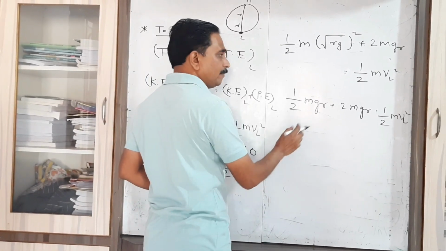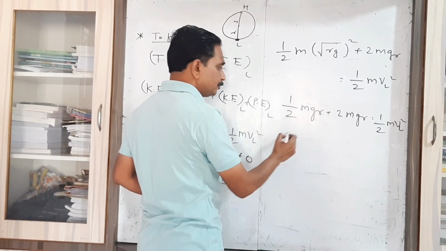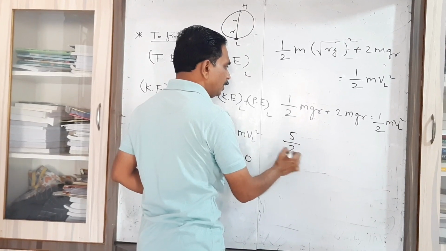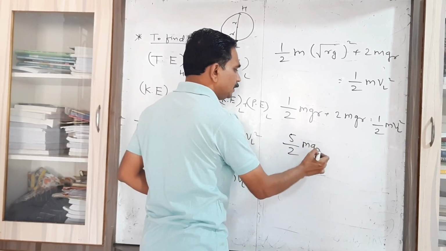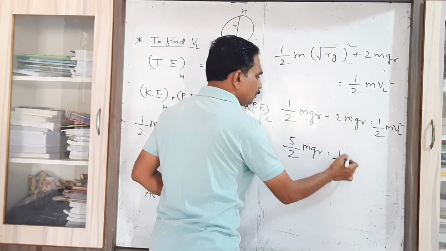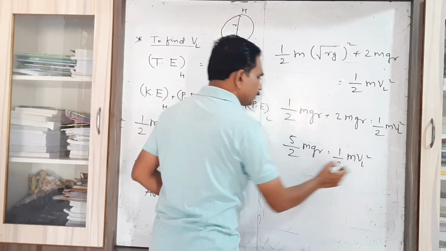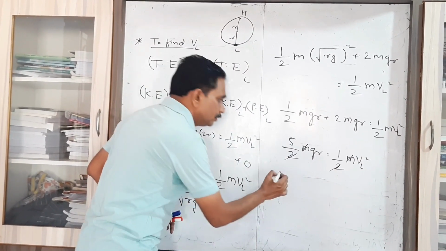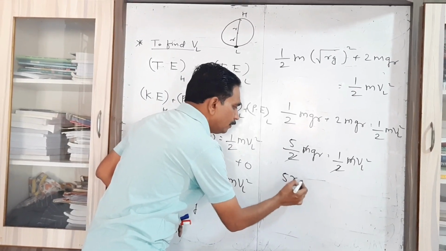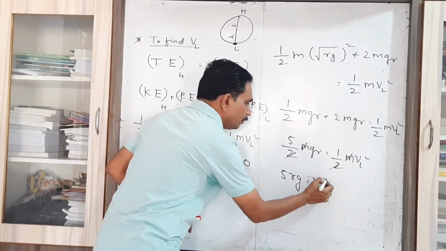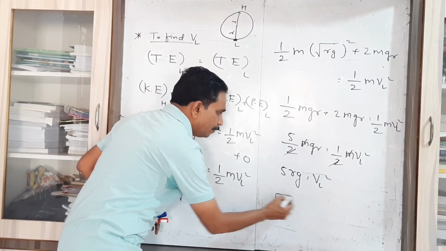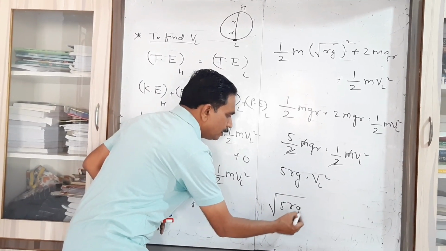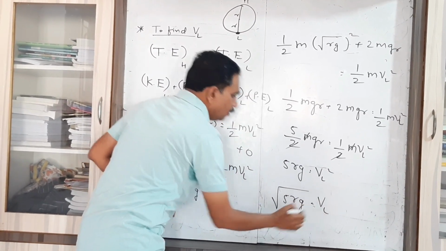If we simplify it, it is 1 plus 4, that is 5 by 2 mgr equal to half m vl square. You can cancel the m and the 2. So we have 5rg equal to vl square, and simply vl equals under root of 5rg.